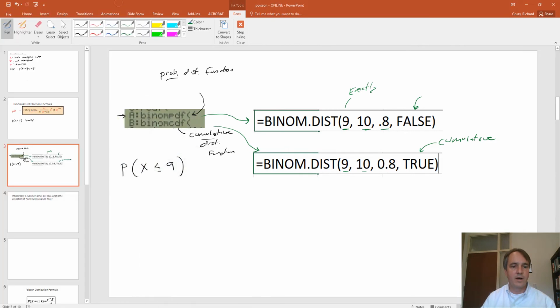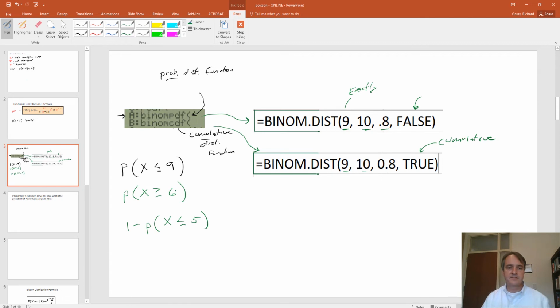And then, of course, if you need to do greater than, let's say you're interested in x greater than or equal to 6. How do we do this, because these functions give us less than or equal to? Well, this is the same thing as 1 minus the probability that x is less than or equal to 5.